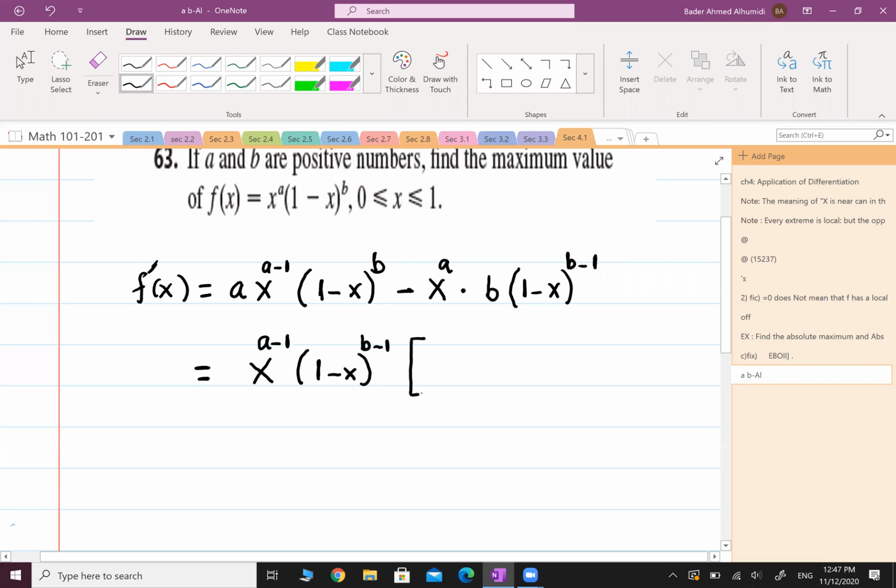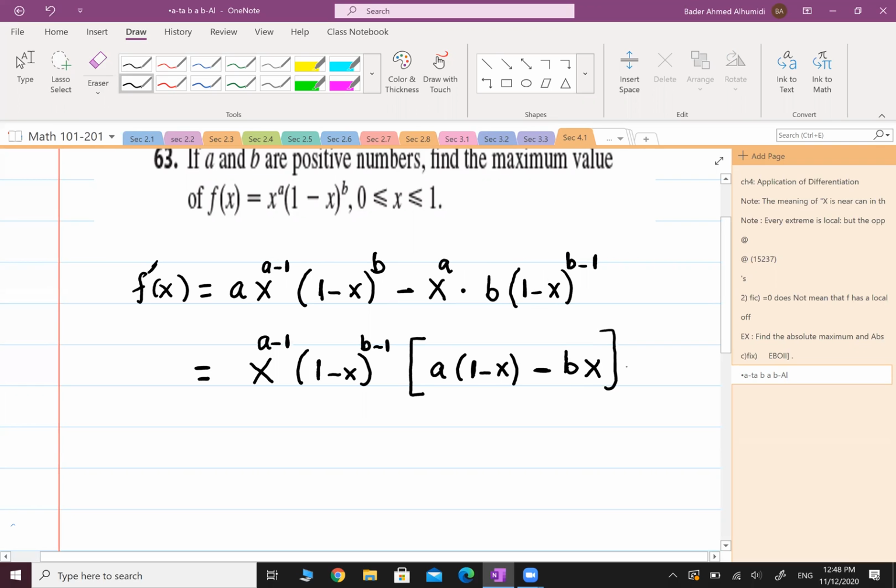What is inside is this: a times 1 minus x, minus x to the power a divided by x to the power a minus 1, that is x to the power 1. And the power b minus 1 will be cancelled out. I have only a multiplication by b in the second term, so this will be b times x.